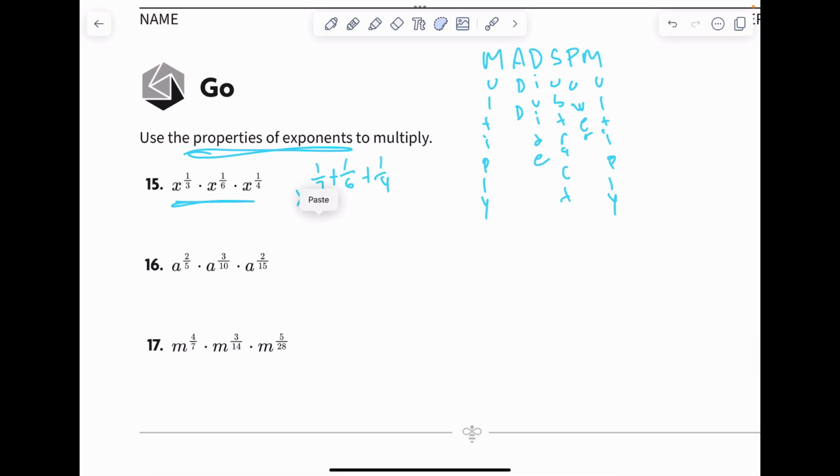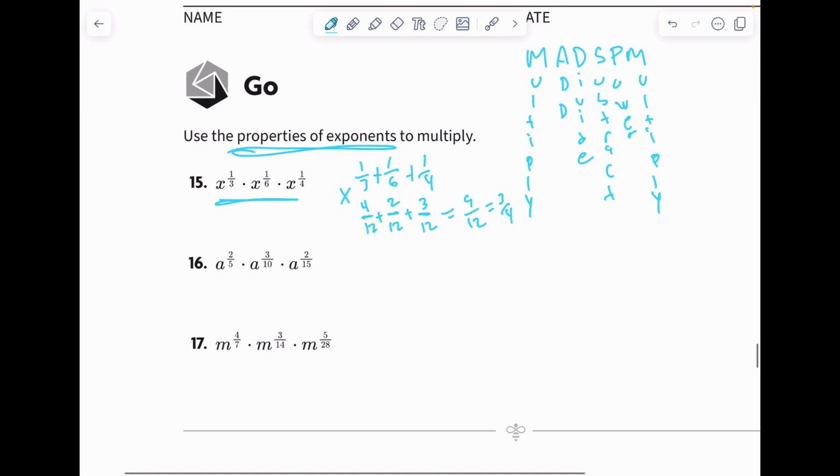For 3, 6, and 4, 12 works fine. So we have 12, 12, 12, 4, 2, and then 3. So I get 9/12, which is equal to 3/4. So this becomes x to the 3/4.